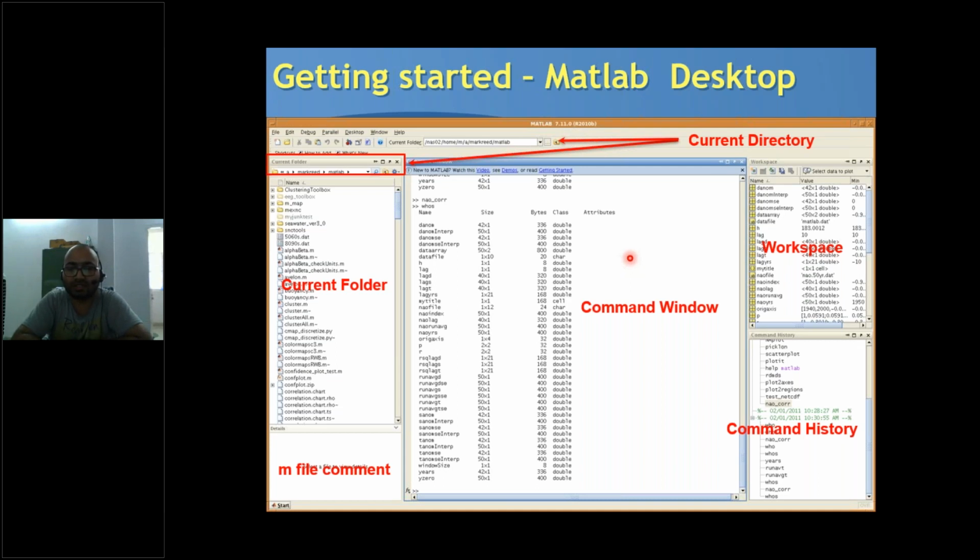So these are the uses of the different windows of MATLAB. And if you see here at the top of the window, you can find the version of MATLAB. Here it is written as MATLAB 7.11 R2010b. So it is MATLAB version 7, which was released in 2010.